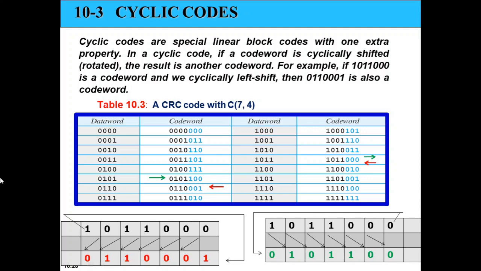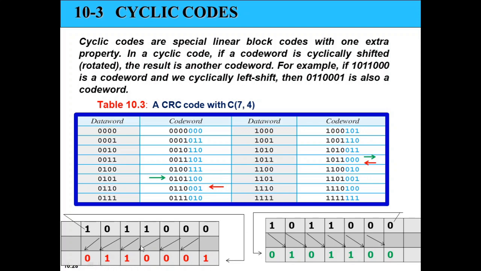For example, take 1011000. We are performing a left shift. This 0 will come here, this 1 has to come to the right, everything is moved by one position, and the last position will be filled by this 1. This is the result.